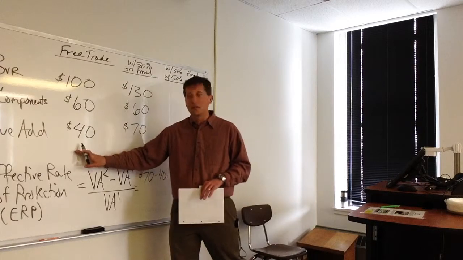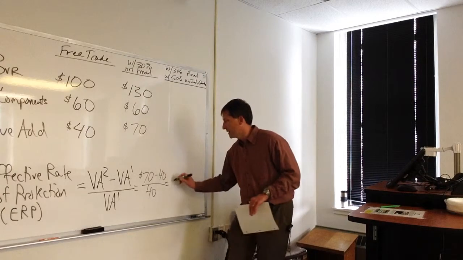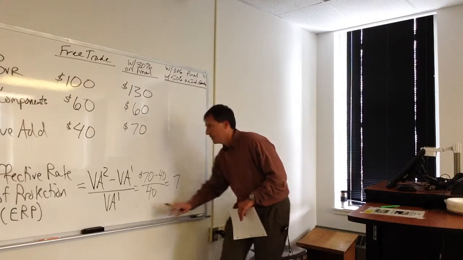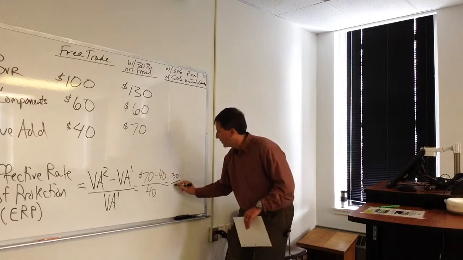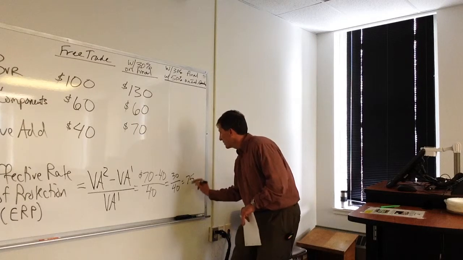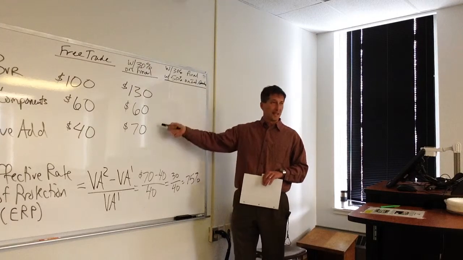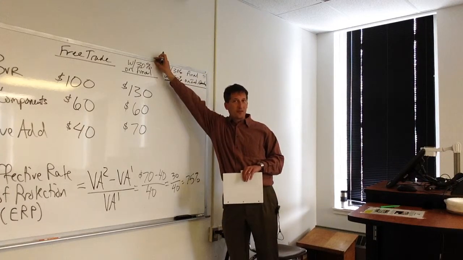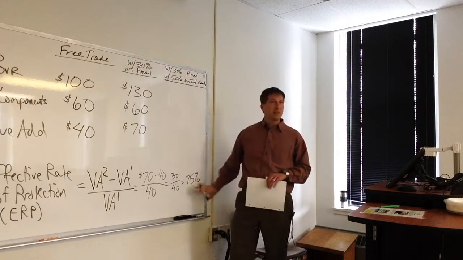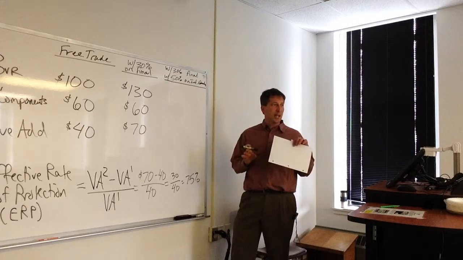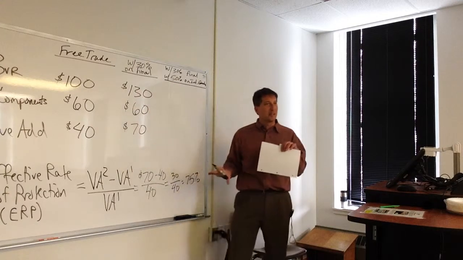Revenue after, revenue before, divided by 40 gives us our, let me do it in 2 steps here. 30 over 40, 75% protection. Notice how that's a little bit different than the 30% tariff, first of all. So a 30% tariff led to 75% effective protection of the industry.